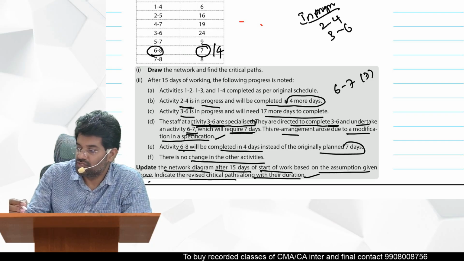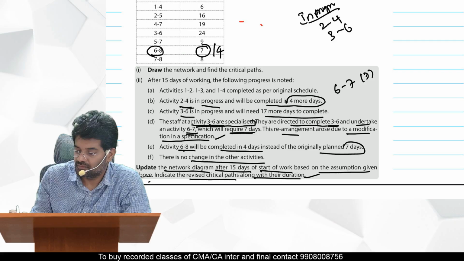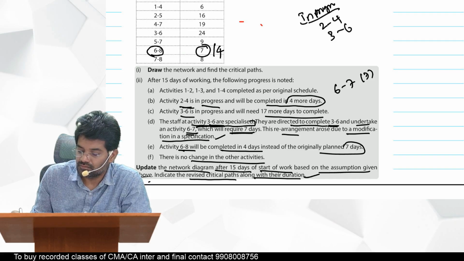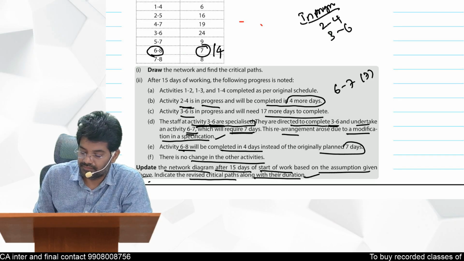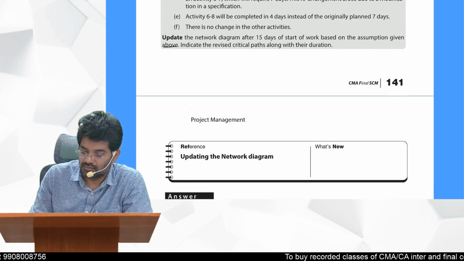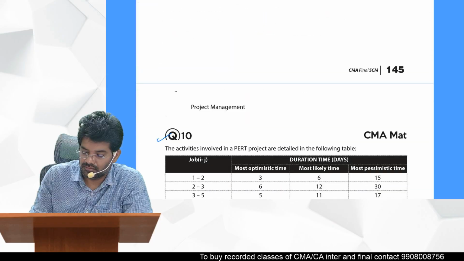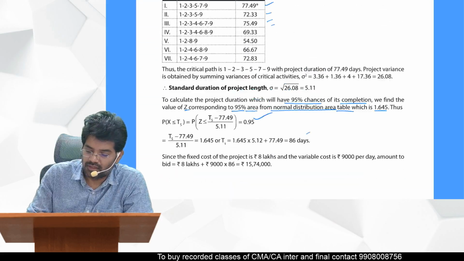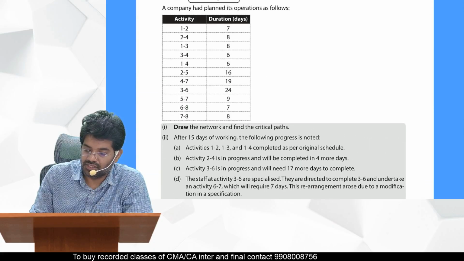So I will quickly show you the solution here. This is the updation question.